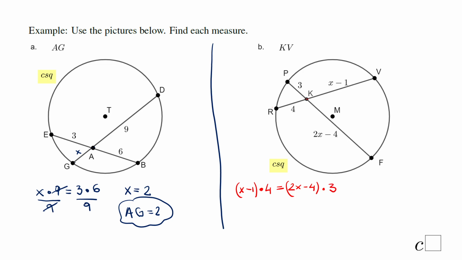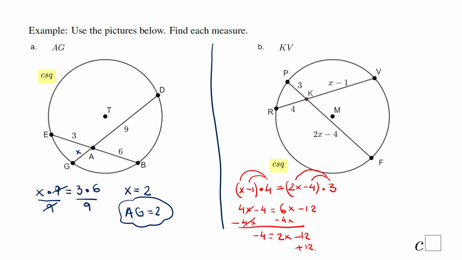So you notice now we end up with an equation. I will use the distributive property here, and I will have 4x minus 4 equals 3 times 2x, that's it, 6x minus 12. I will subtract 4x, and we have here negative 4 equals 2x minus 12.